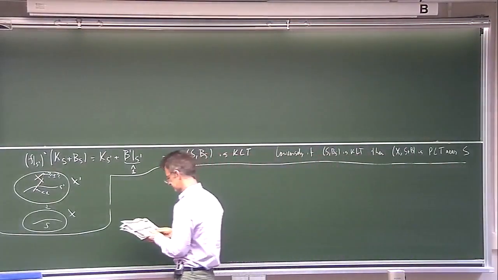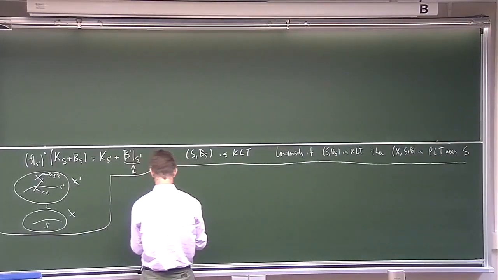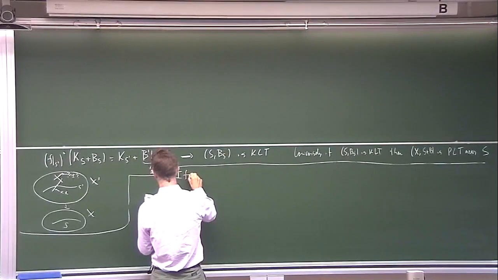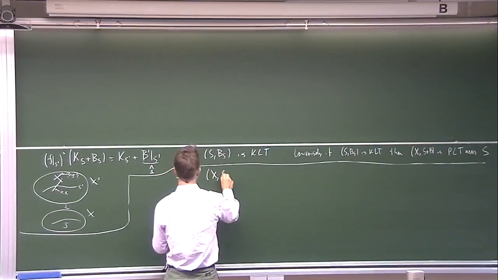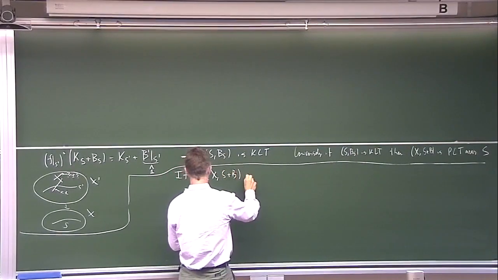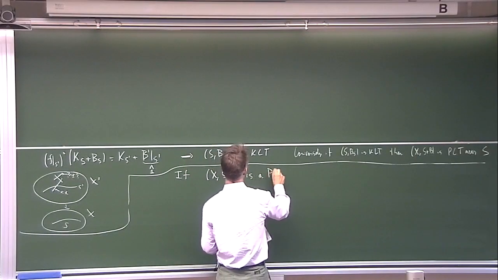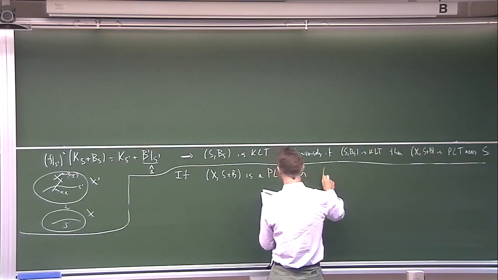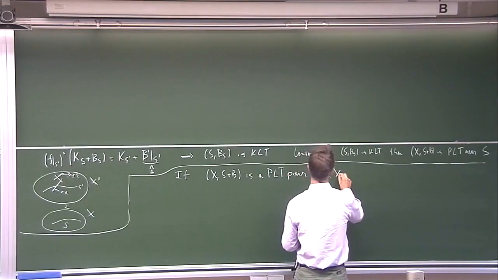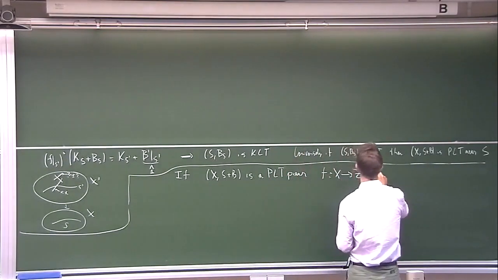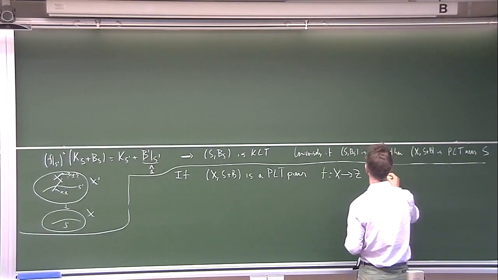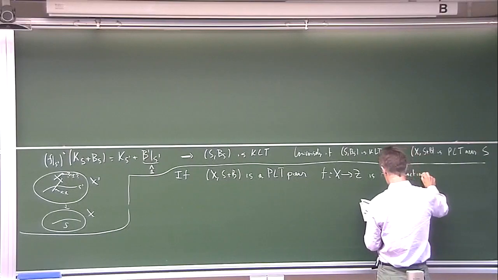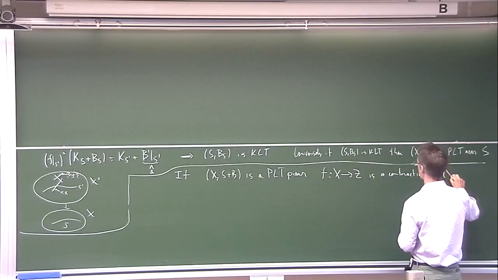So if (X, S + B) is a PLT pair, f from X to Z is a contraction morphism of relative Picard number 1.